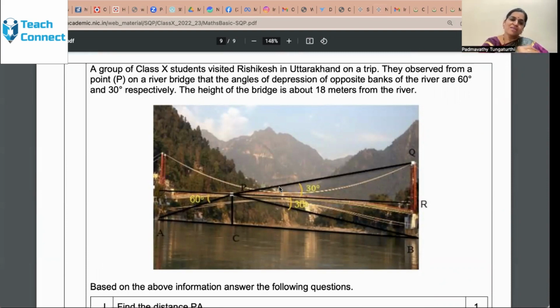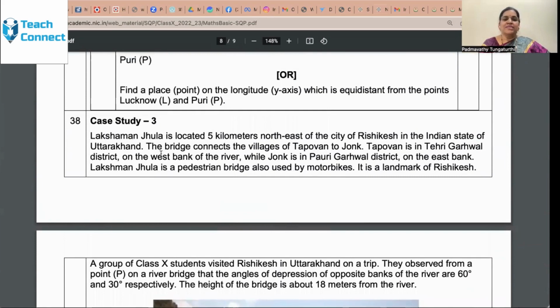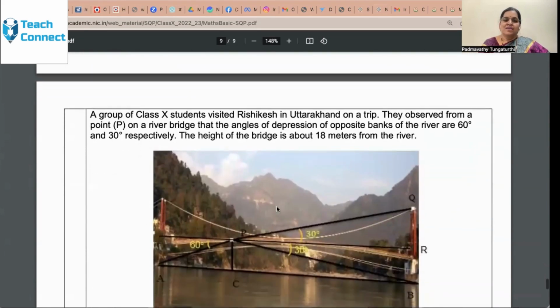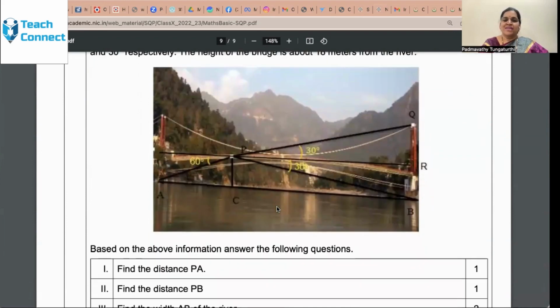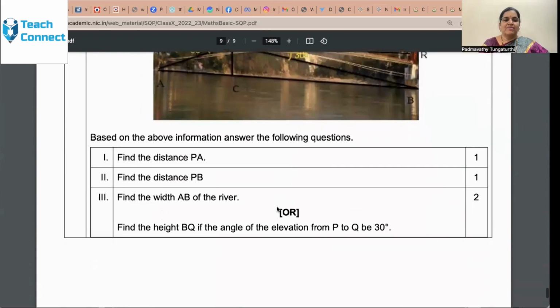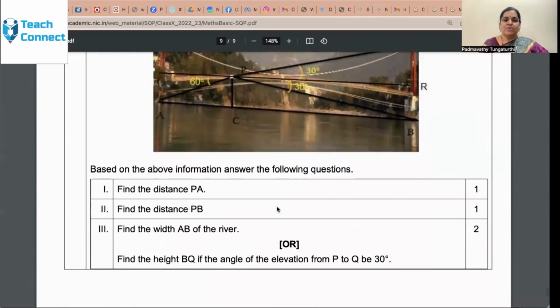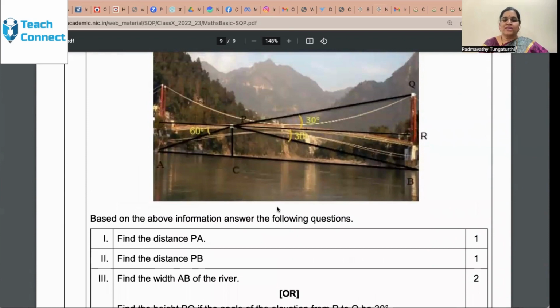The bridge goes from one end to the other end. The bridge connects the villages of Tapovan to Jonk. One side is Tapovan, one side is Jonk. Find the distance PA, PB, the width of the river, and the height BQ when the angle from P to Q is 30 degrees.